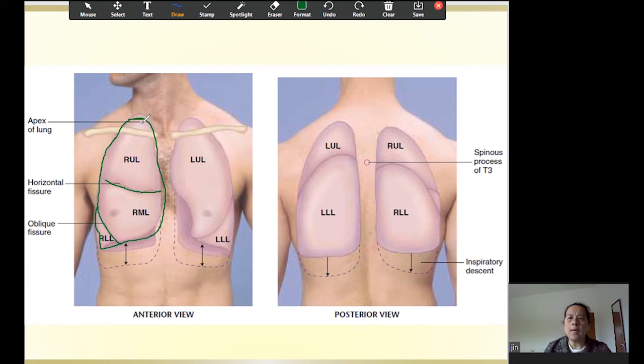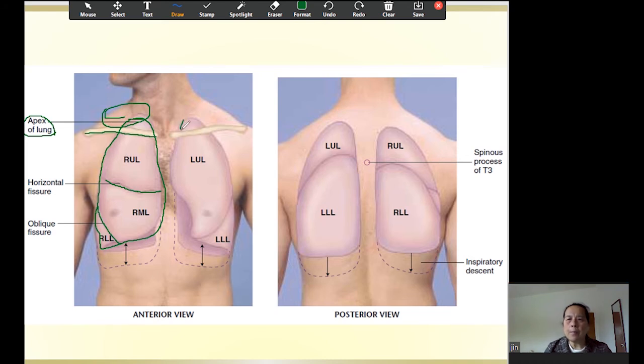And pay attention, the top of the lung is 2 to 3 centimeters over the clavicle bone. So clinically we need to be careful when we do needling around that area, and not go in the wrong direction.